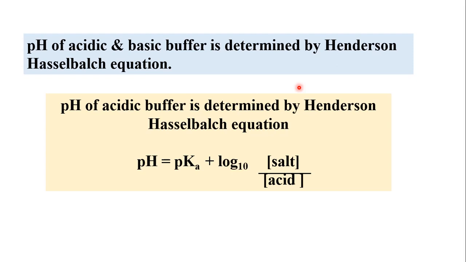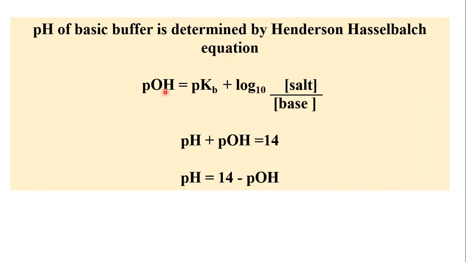So the Henderson-Hasselbalch equation for acidic buffer is pH is equal to pKa plus log to the base 10 of concentration of salt divided by concentration of acid, and the pOH of basic buffer is equal to pKb plus log to the base 10 of concentration of salt divided by concentration of weak base.